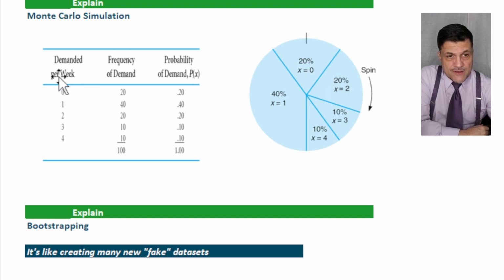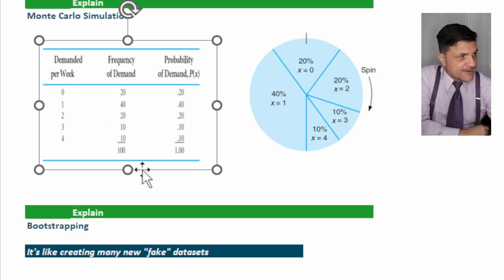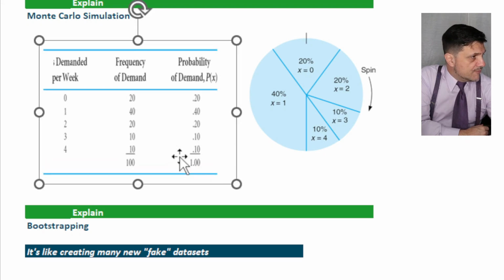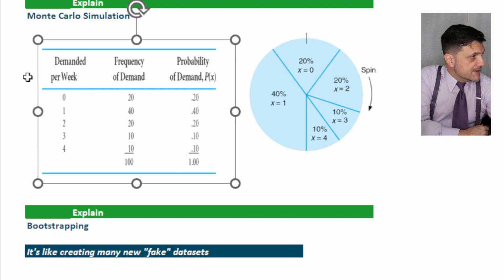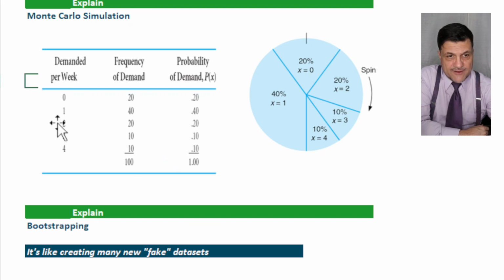So look at the idea. Imagine a very simple example that I'm using. I took the demand per week of anything: 0, 1, 2, 3, and 4 units, and how many times, the frequency that I had during a week.